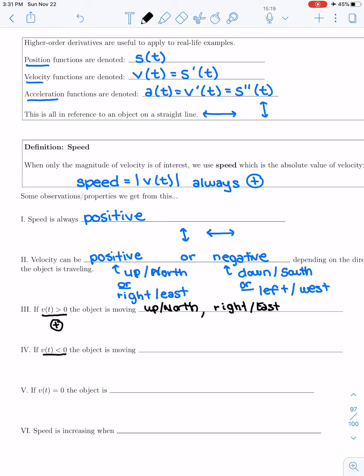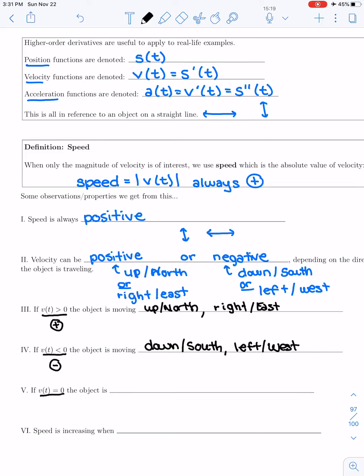We're just writing these conclusions again to help you remember it. If you get a negative velocity, v of t is less than 0, when you plug in a time, you must either be moving down, which is the same thing as south, or on a horizontal line, that means the object was moving to the left or the west.